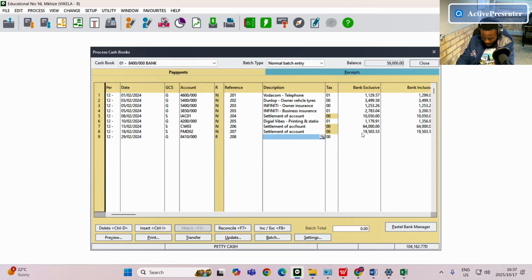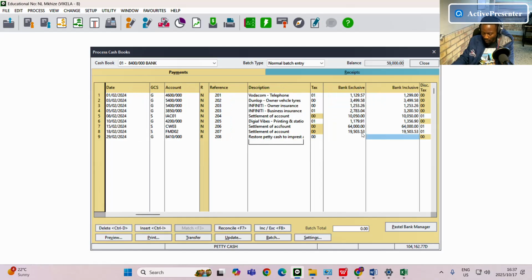So it says restore petty cash to imprest amounts. Right. So there's no VAT involved.